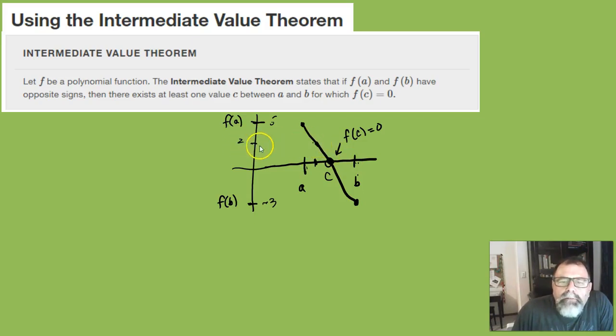Well, that's 2, and that's -3, so it has to be between this choice and that choice. So then you say, okay, let's pick a point maybe here. And then you see that one is below, and now you know it's in between these two numbers. So then you pick something in between, and you just keep honing in until you get the 0, until you find it, or you get close enough, depending on what that is.